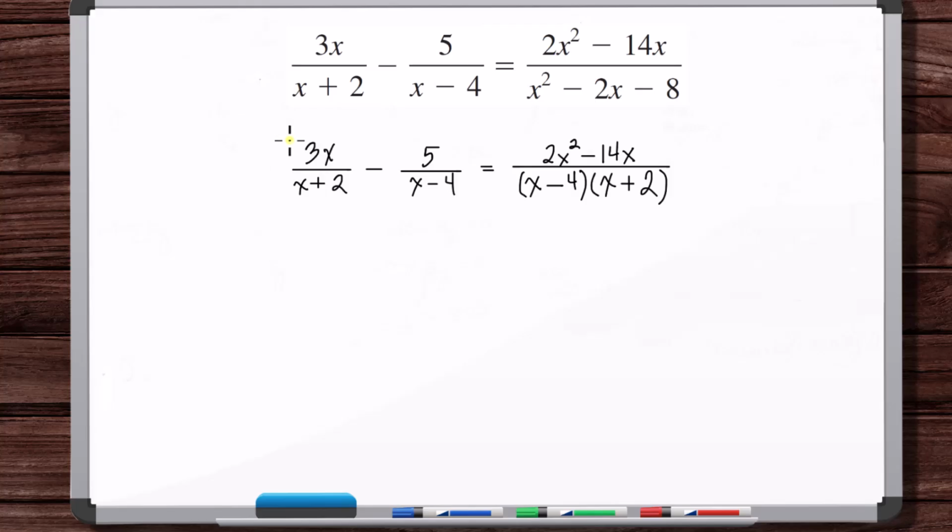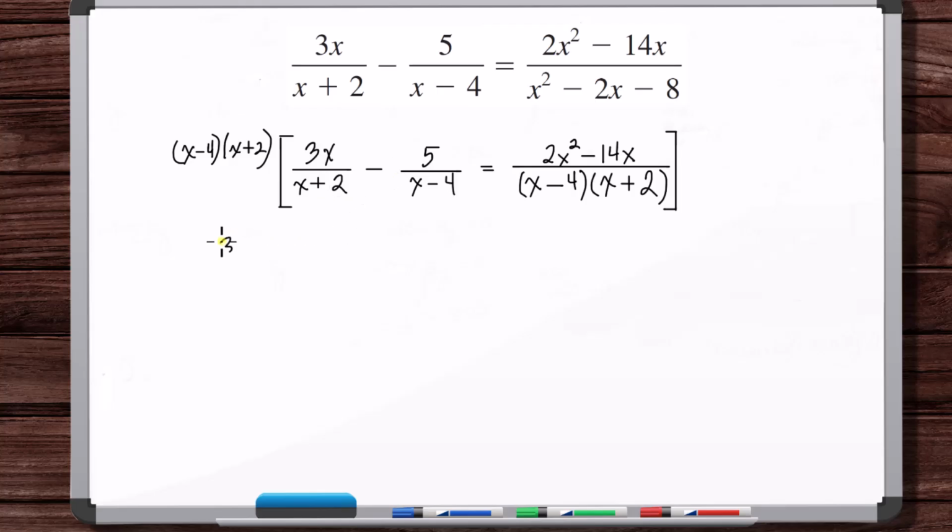Now let's multiply by the least common denominator to clear the fractions.